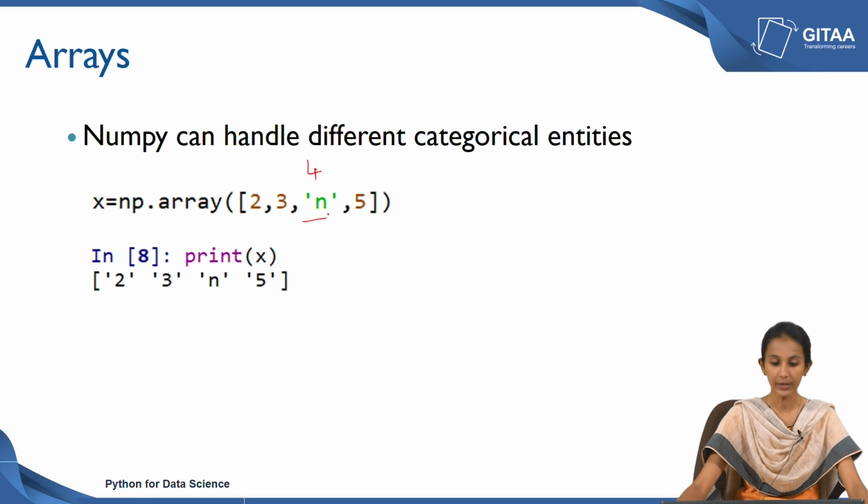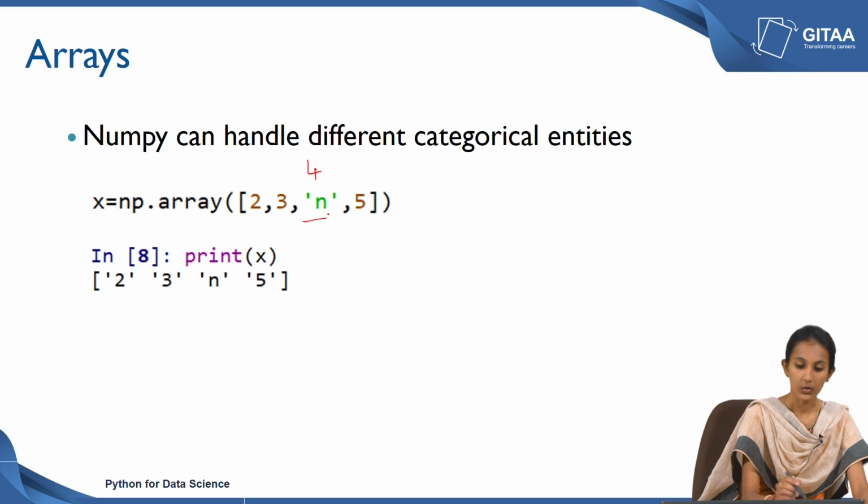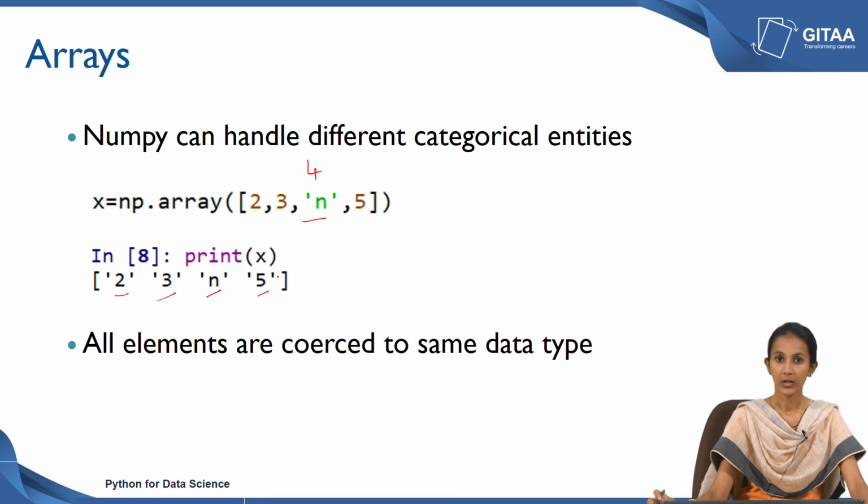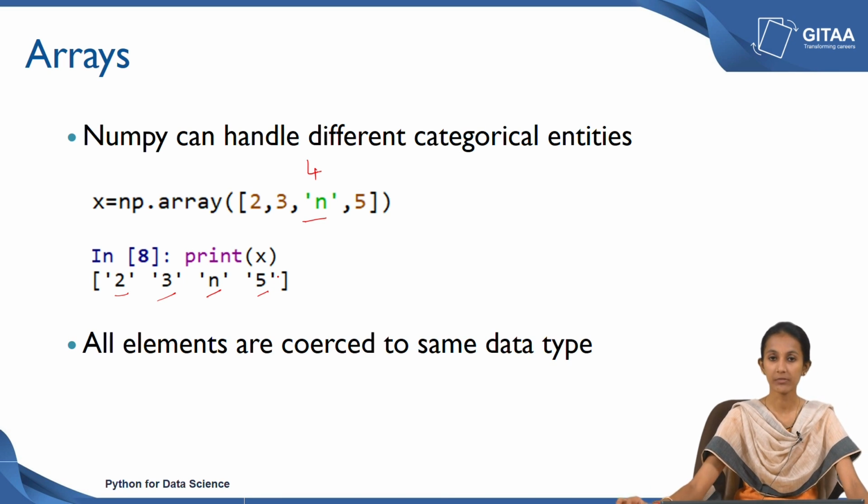When you give print of x, each value will be converted to the same data type. Since we added n inside single quotes, all the other values will be replaced with single-quoted values. So, all the elements will be coerced to the same data type.